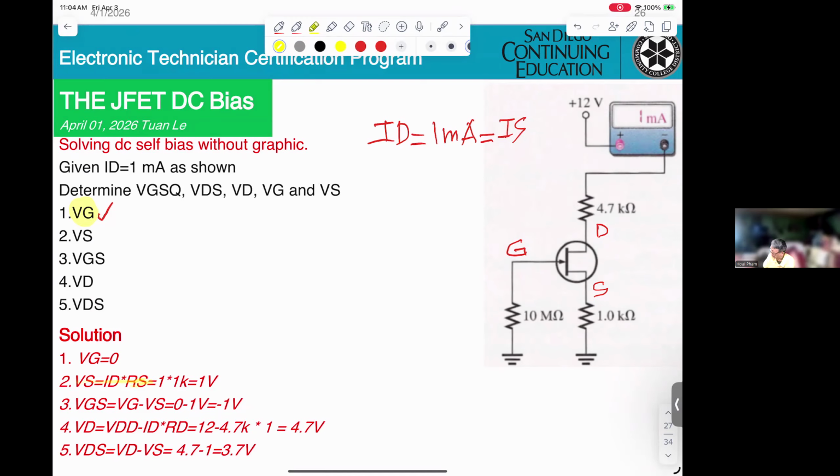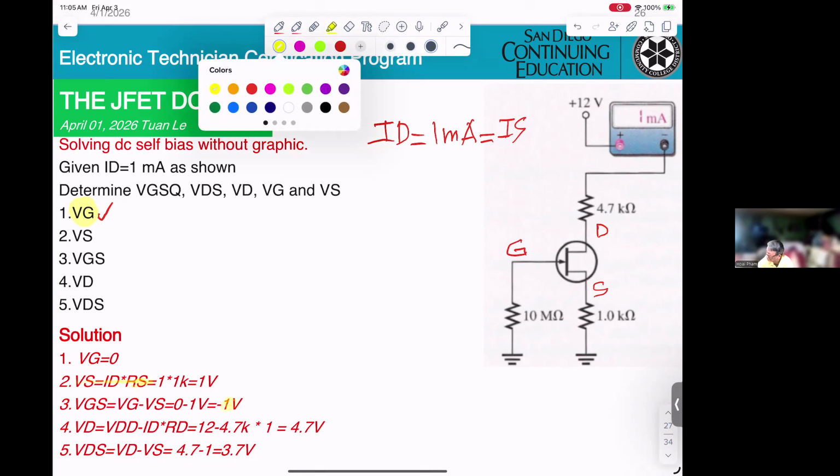VS equals 1 milliamp times 1K, that's why you get 1 volt.